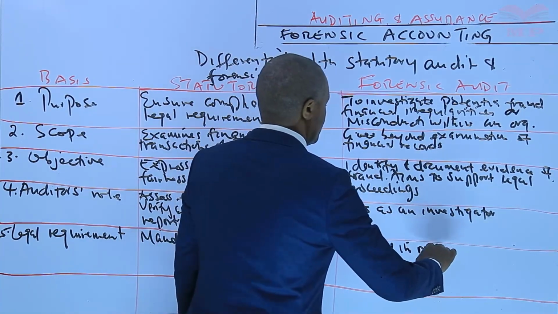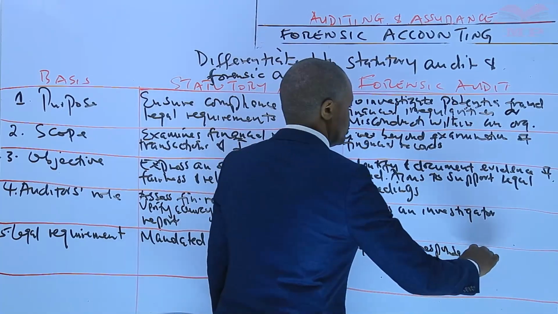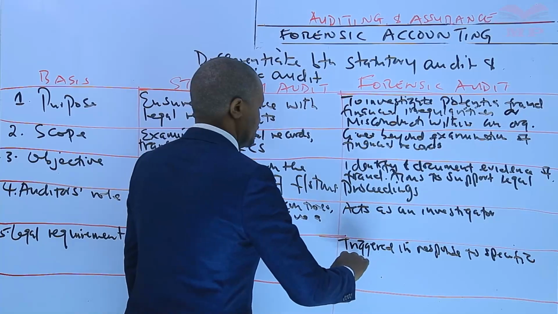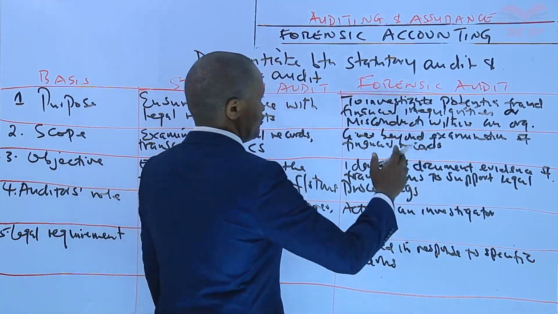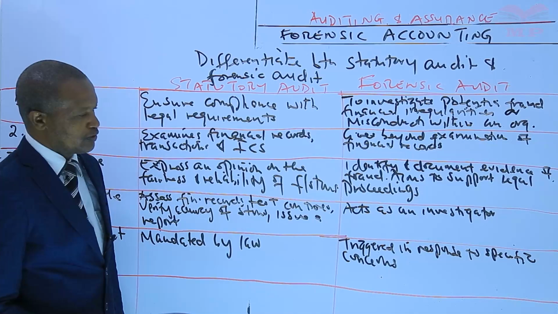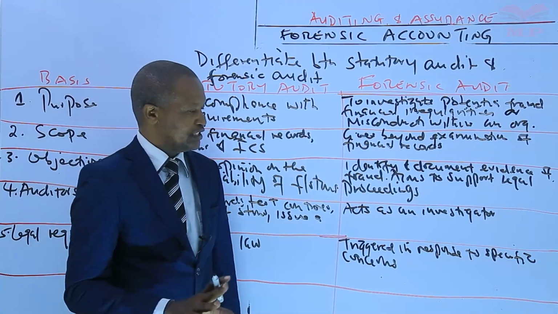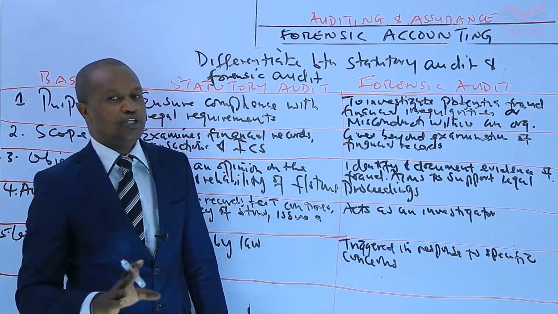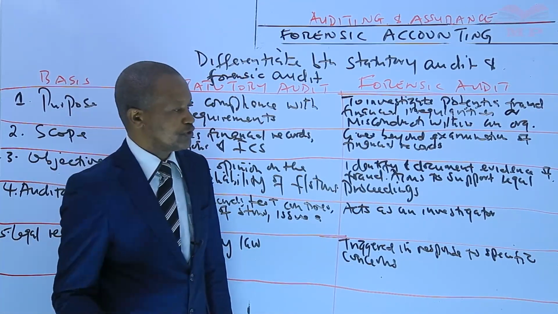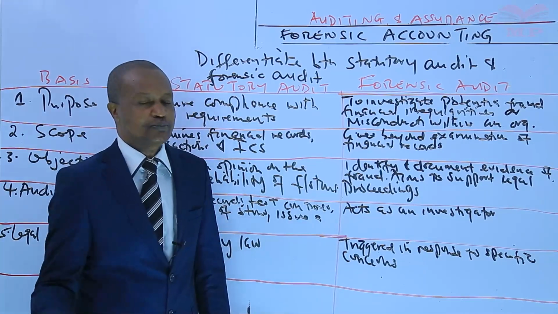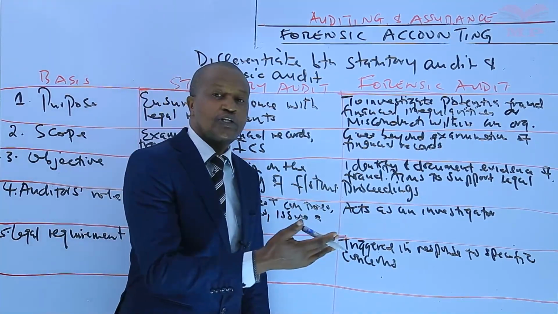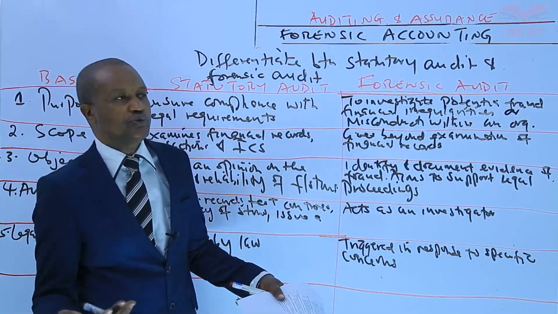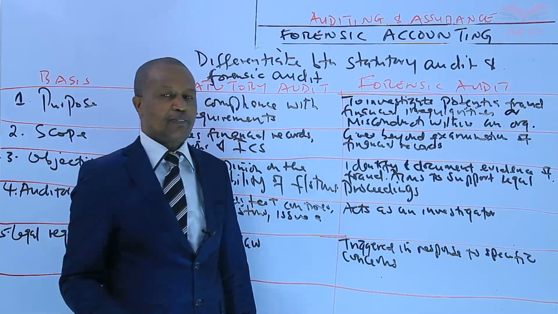Forensic audits are not mandated by law, but they are triggered or initiated in response to suspicions, in response to allegations of fraud, in response to misconduct, or even in response to financial impropriety.